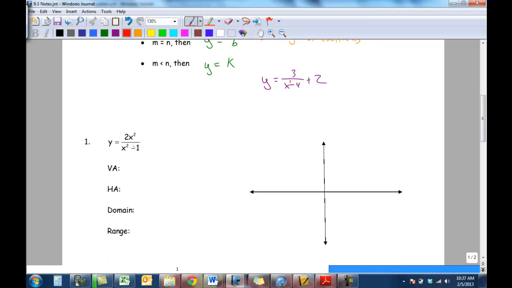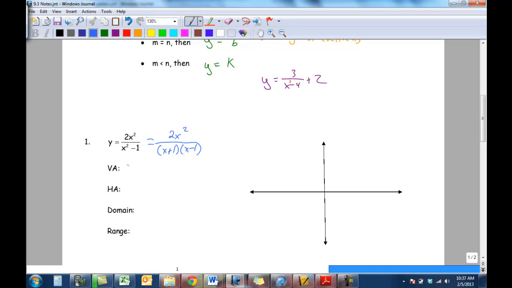So let's look at this first one: 2x squared divided by x squared minus 1. Guys, just like everything in this chapter, the first thing you need to do is factor. This is going to be x plus 1 and x minus 1. Now, what makes the denominator 0? In this case, there are two numbers that make this denominator 0: negative 1 and 1.